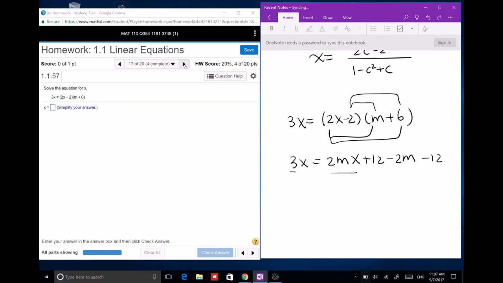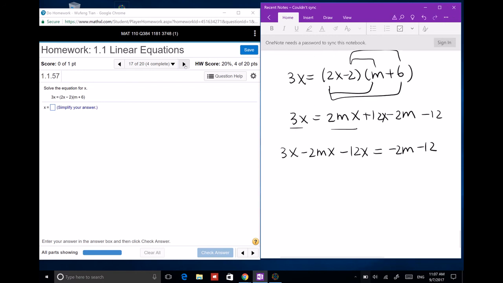So subtract 2mx from both sides, and subtract 12x, equals negative 2m minus 12.